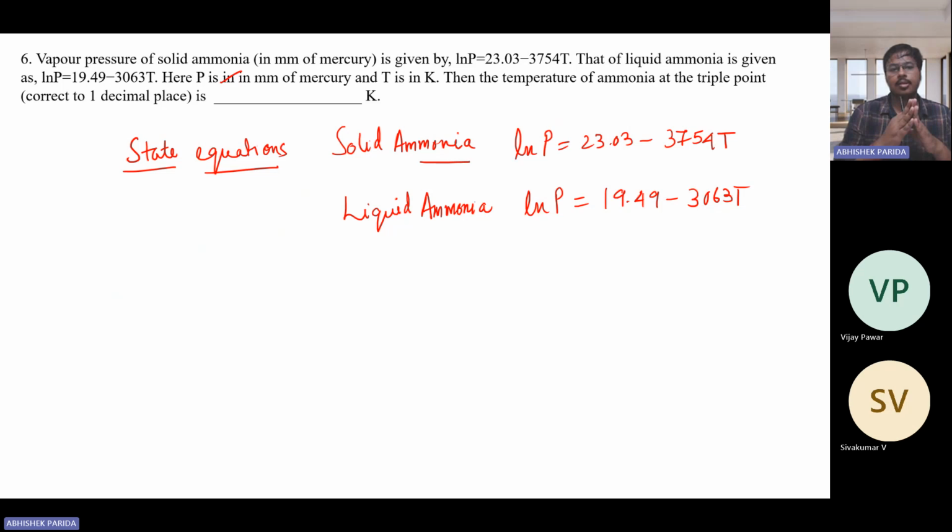Some of the keywords are already mentioned. Try to find them and solve this question. I am waiting for you.